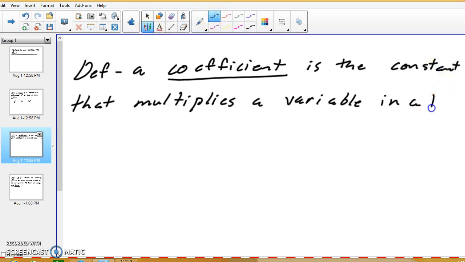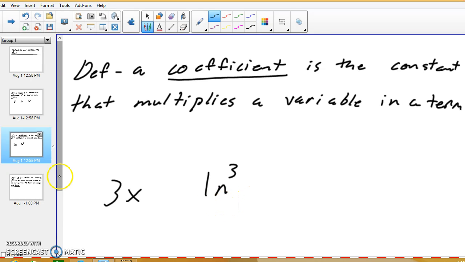Okay, so again, the coefficient is the constant that multiplies a variable in a term. So if we go back to those last examples, say 3x, the coefficient of this is 3 because it is the constant that multiplies the variable. Similarly, for n cubed, the coefficient is actually 1 because you can put that 1 out front, and 1 is the constant that multiplies this variable in the term.